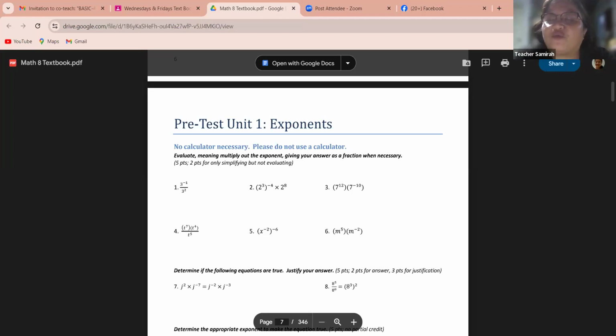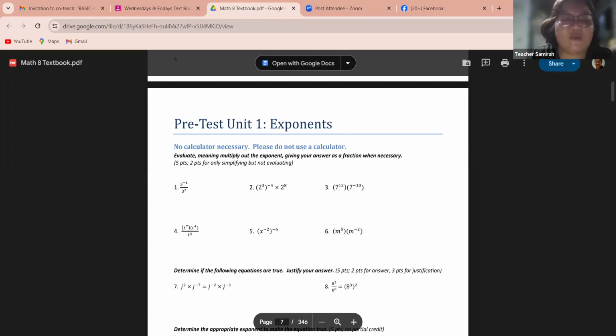A with the exponent of 2 times A with the exponent of 6. What will be your answer? Anyone? Can you still remember the lessons that we had last time, so that we can answer this one?